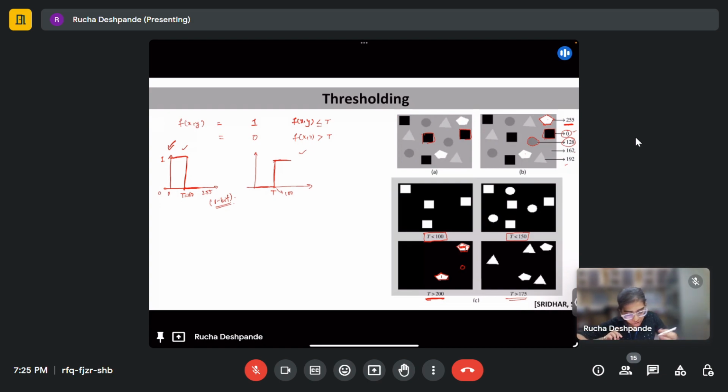So in both these cases, the thresholding functions are different. So here for these two functions, it's this, and for these two functions, it's this.